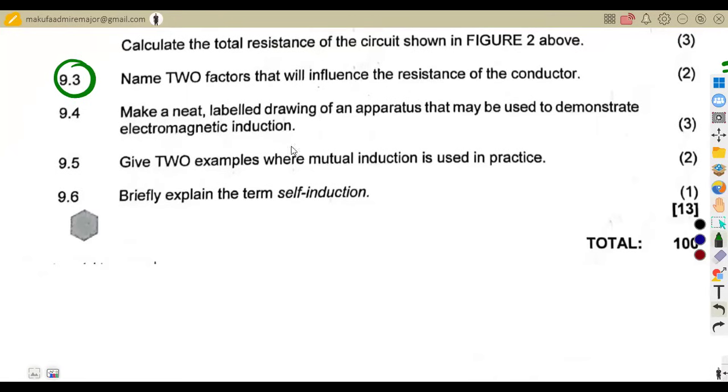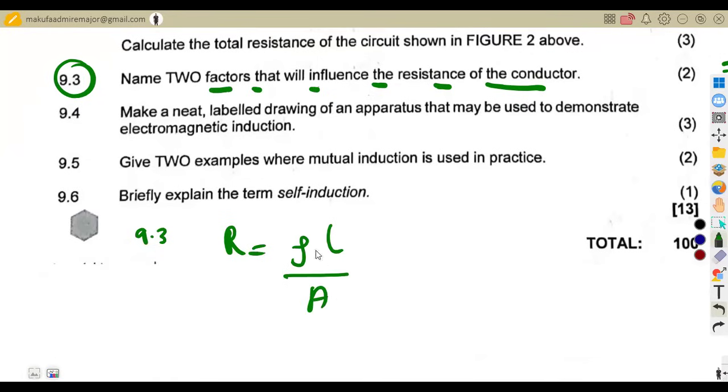All right. Then on 9.3, we are now given: name 3 factors that will influence the resistance of the conductor. Remember, I said from the formula, whenever they're saying name these things that affected this, take it from the formula. What is the formula for resistance? Resistance is rho L over the area, resistivity times length over the area. So what are we talking about? The resistivity, the type of conductor.